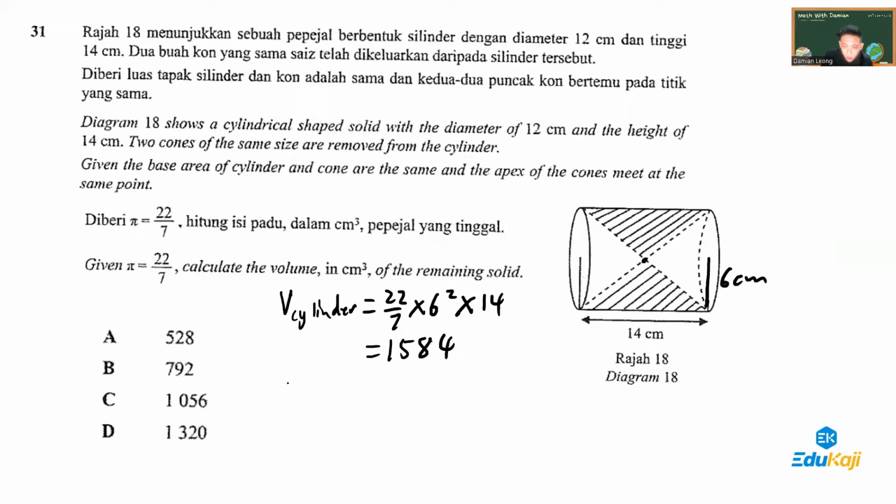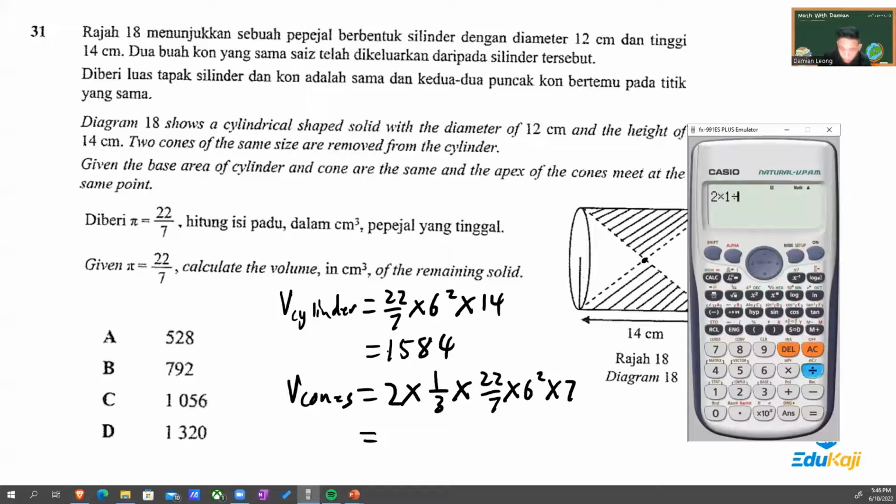Volume of the cones, there's two of it, so 2 times. Cone is 1/3 times base area pi r square times height. So pi 22/7 times radius square, 6 square times height. Height is half of the 14, so 7. 2 times 1/3 times 22/7 times 6 square times 7.